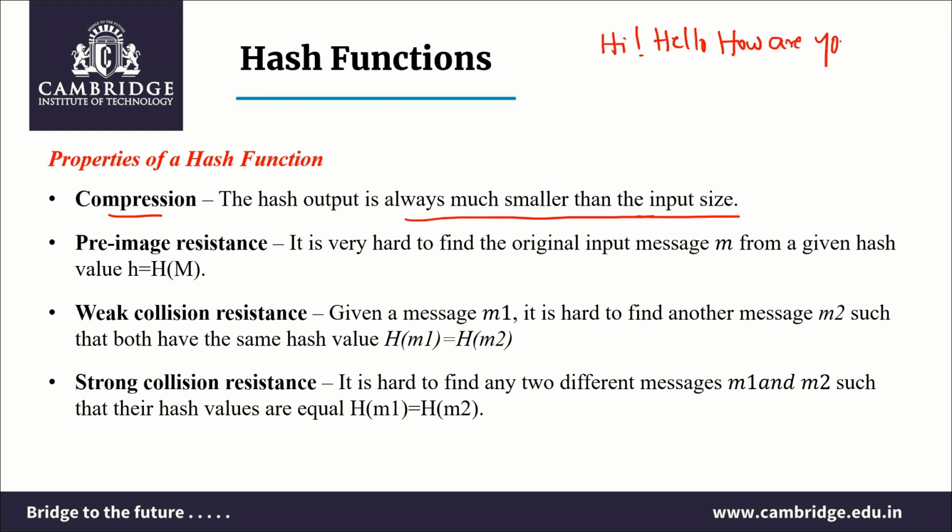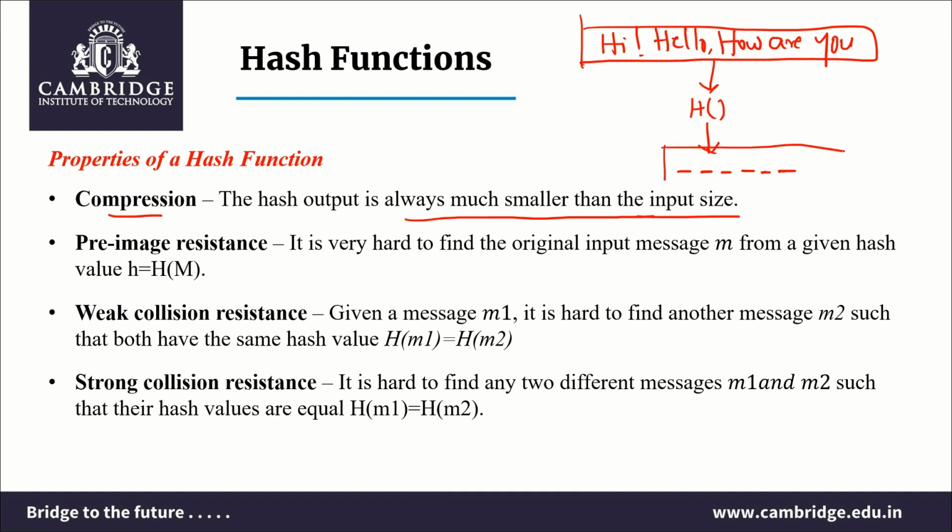This is taken as it is and fed into the hash function. The output will be of, say, 5 or 6 bits. This would be constant for different messages. Whether you give hi, hello, or how are you as the input, you are going to get only this 5 or 6 bit output. That is compression.